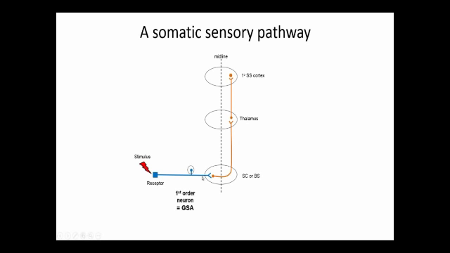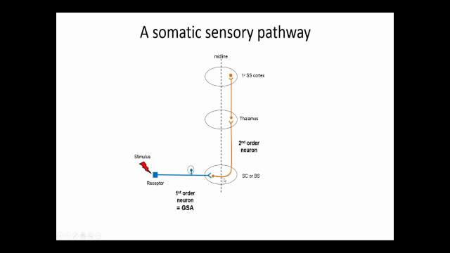This GSA carries that message through the peripheral nervous system to the spinal cord or brainstem, where it will synapse with a second order neuron. So this neuron here is called the second order neuron. The first thing a second order neuron will do is cross over or decussate. So that's a general rule you can remember.